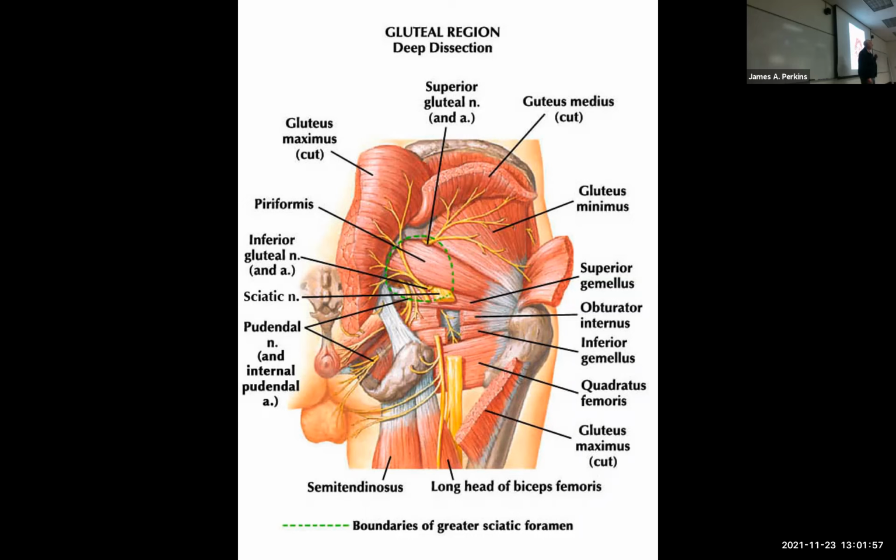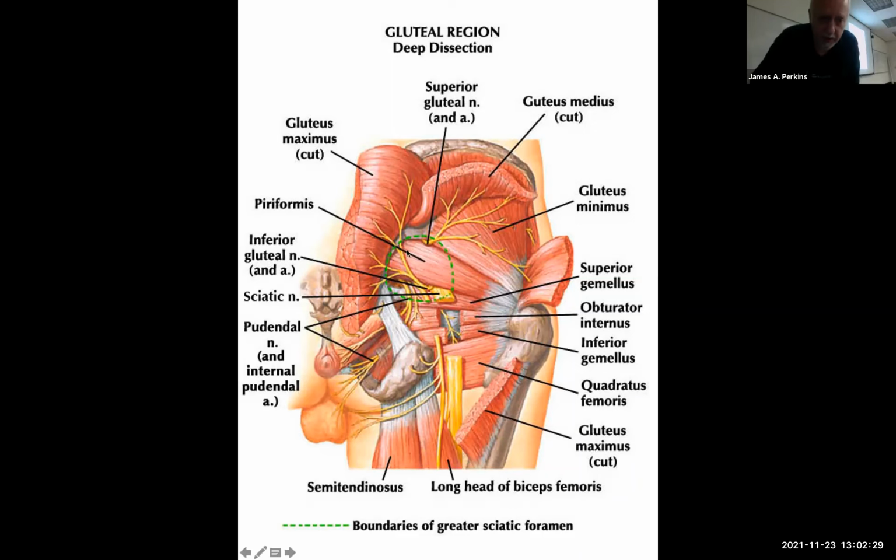Femoral nerve, which supplies everything else in the front of the thigh. Right. And then lateral femoral cutaneous, innervating skin on the lateral side, we already saw that up inside the abdominal cavity. It's its own independent branch. There is no medial femoral cutaneous nerve per se, nothing with that name anyway, but the skin on the medial thigh is all innervated by obturator nerve, which also innervates the muscles of the medial thigh.